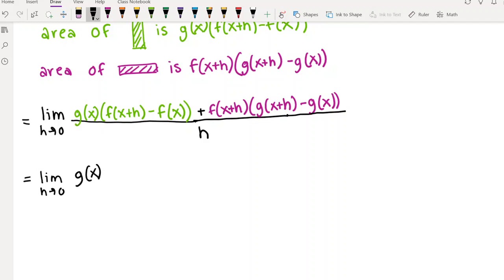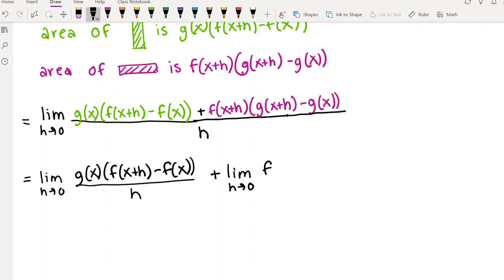So we have the limit as h approaches 0 of g of x times f of x plus h minus f of x over h plus the limit as h approaches 0 of f of x plus h times g of x plus h minus g of x.